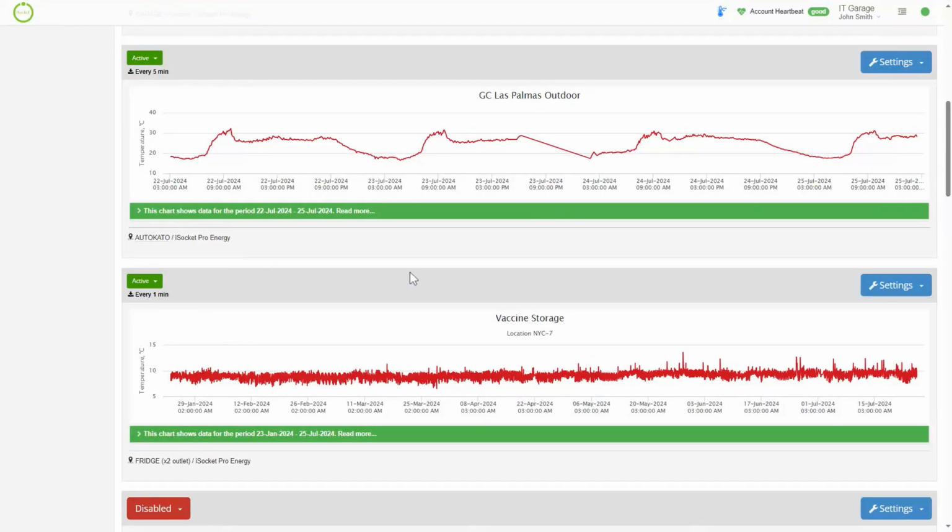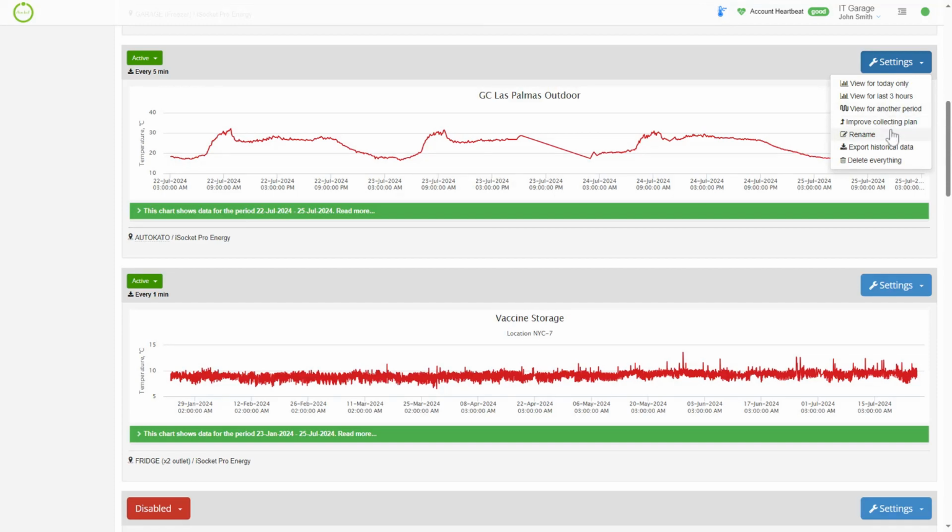Next, let's go to the temperature outdoor. Here is Las Palmas outdoor. Actually, it is the old name, because currently it is temperature outdoor in Finland. Quite good, similar to Las Palmas.